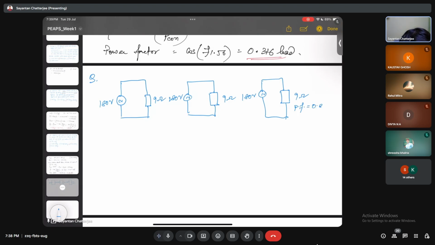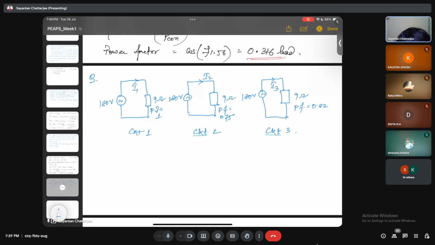Here the power factor is 0.82, this one is power factor 0.75, and this one power factor unity. The currents are I1, I2, and I3. These are three circuits: circuit 1, circuit 2, and circuit 3, so these are three customers.